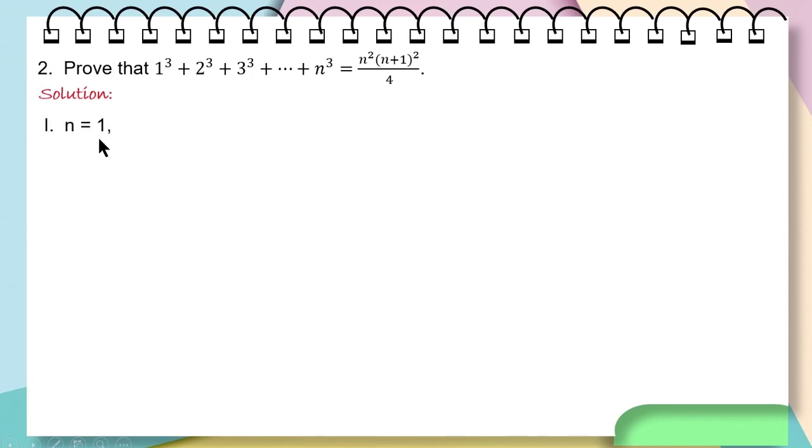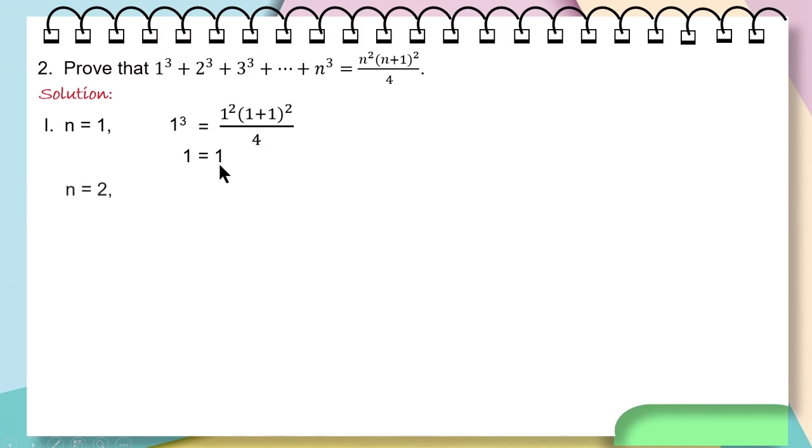If n is equal to 1, we have 1 cube equals 1 squared times the quantity 1 plus 1 squared all over 4. We replace n by 1. Simplify, 1 raised to 3 is 1. 1 plus 1 is 2, and 2 squared is 4, times 1 squared, which is 1, so 4 times 1 is 4. Divide by 4 is equal to 1.